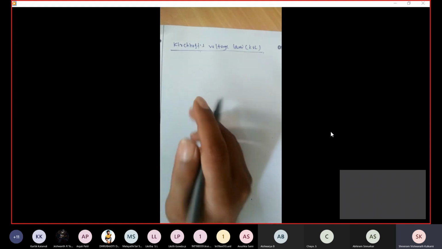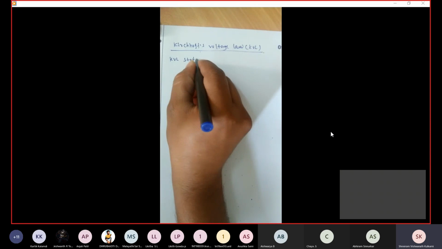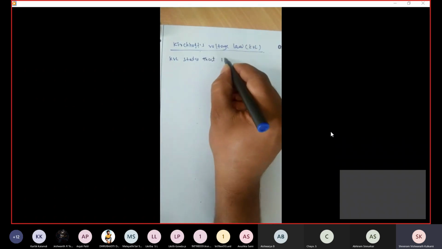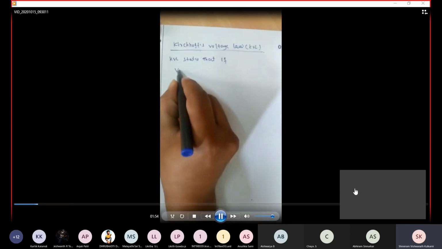KVL states that if Vk is the voltage drop across the kth branch.